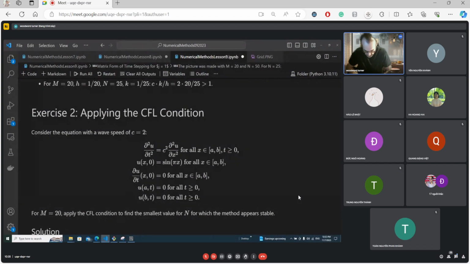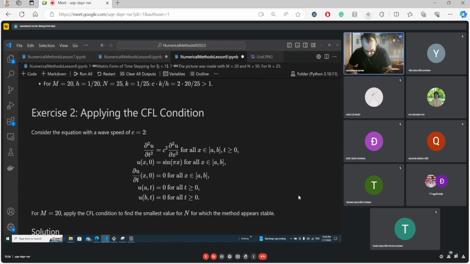Okay, so let me just state a theorem. Consider the wave equation over x in [a, b] for t in [0, T], with c greater than 0, with h equal to (b minus a) over m and k equal to T over n. If c times k over h is less than or equal to 1, then the finite difference method is stable.